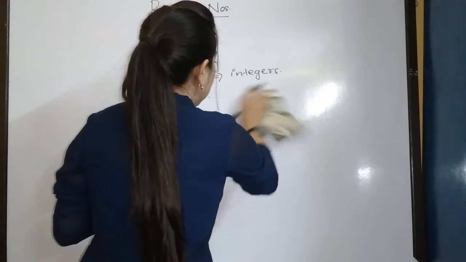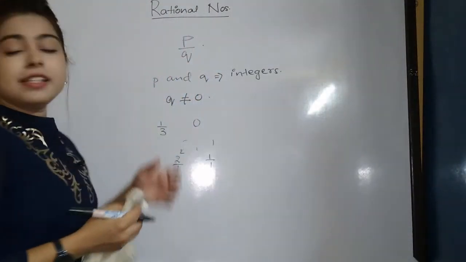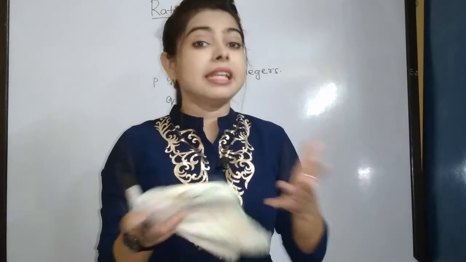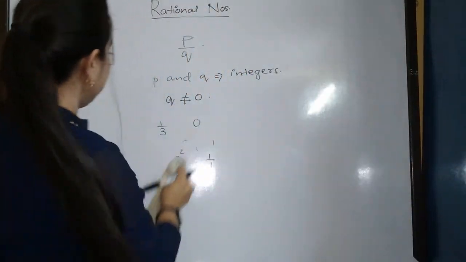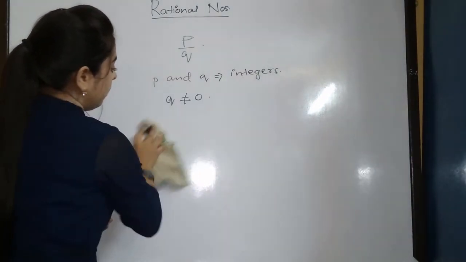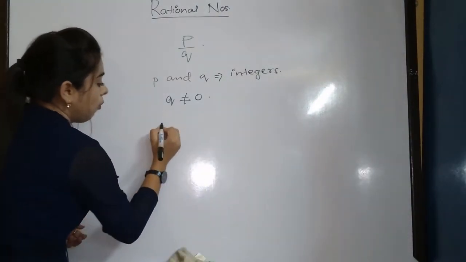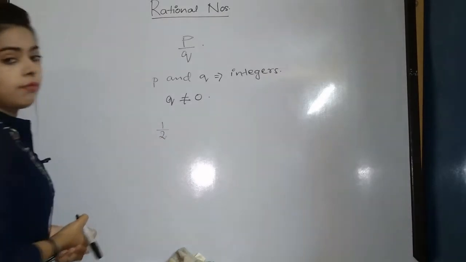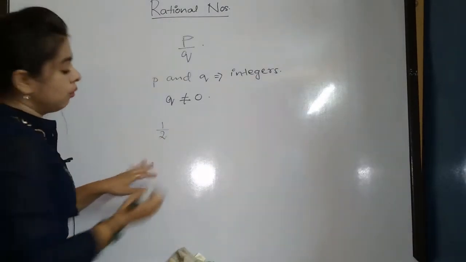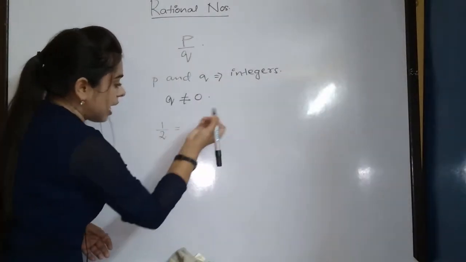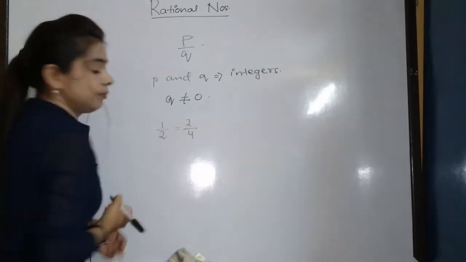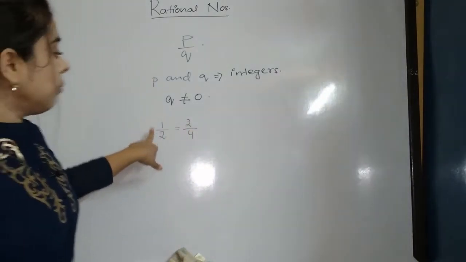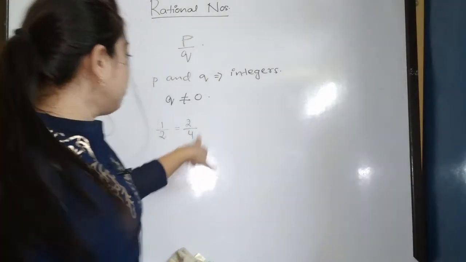Okay, and now the interesting fact about rational numbers is that a rational number can be expressed in many ways. Like if I write 1 by 2, this 1 by 2 is actually equivalent to 2 by 4.